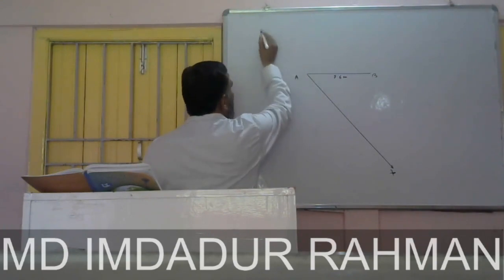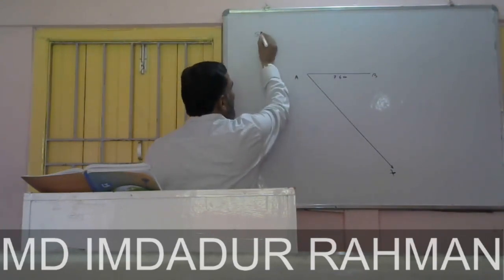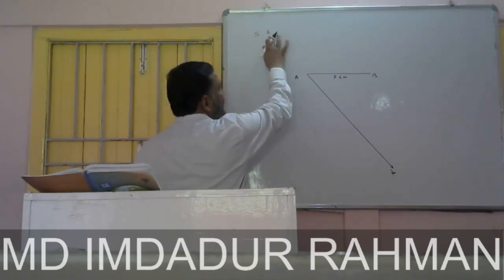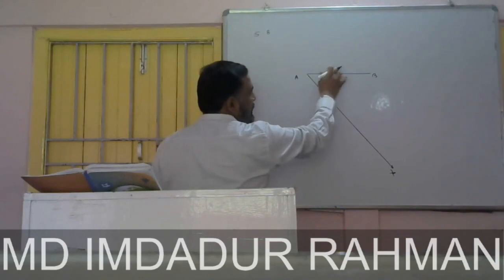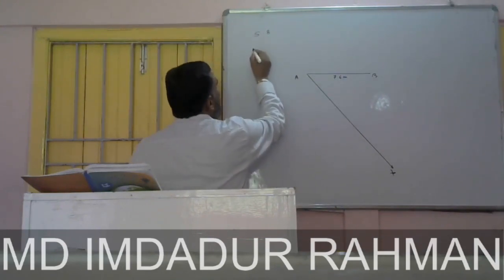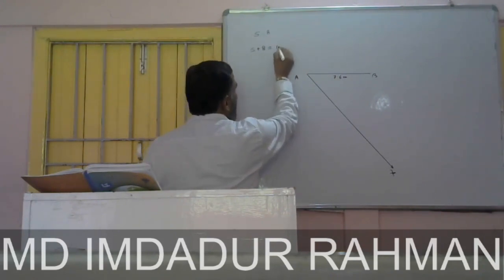Why this 13? You have to divide this line segment in the ratio 5:8. Here fifth part and here will be an eighth part. So this 5 plus 8 is equal to 13.